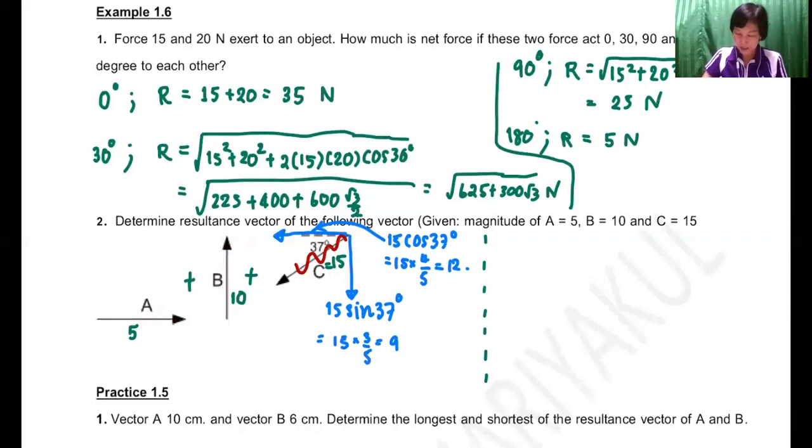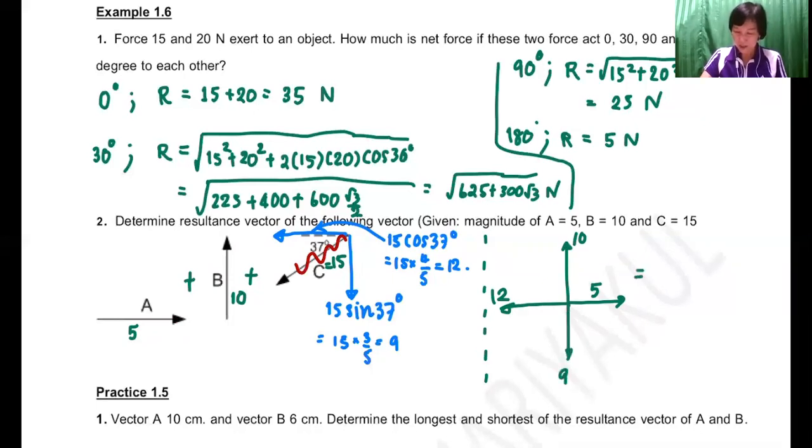We have vector A here, which is 5, and this vector is 10, plus the two components of vector C. One is 12 units pointing to the left, and the other is downward with a magnitude of 9.